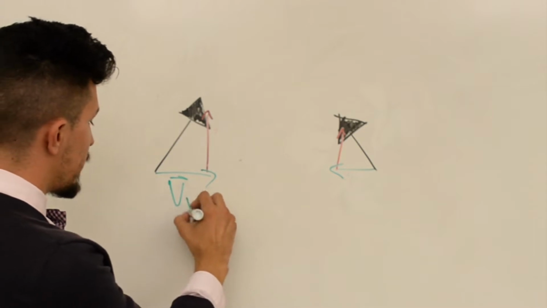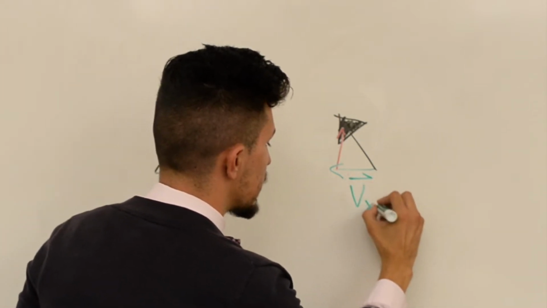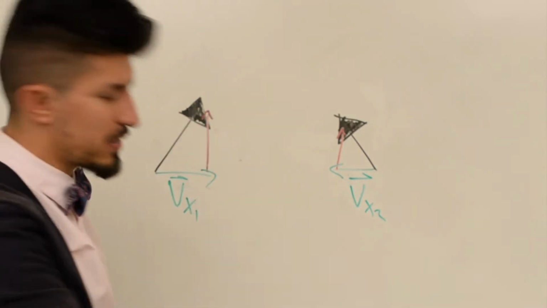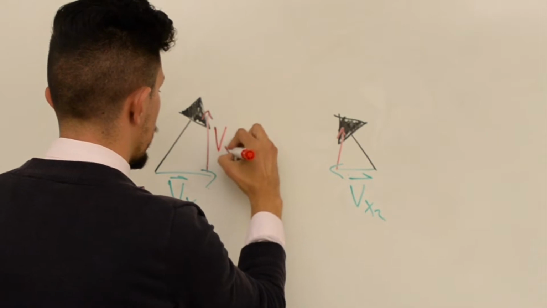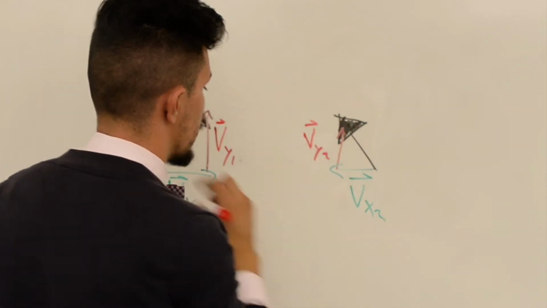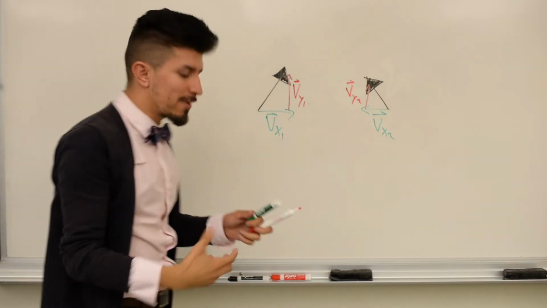And this is going to be vx1. This one is going to be vx2. Using that same format, we're going to label the ones on the y-axis. vy1, vy2. And then essentially we can label these as the big V's.